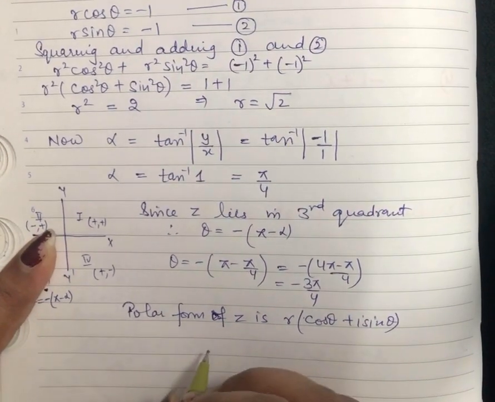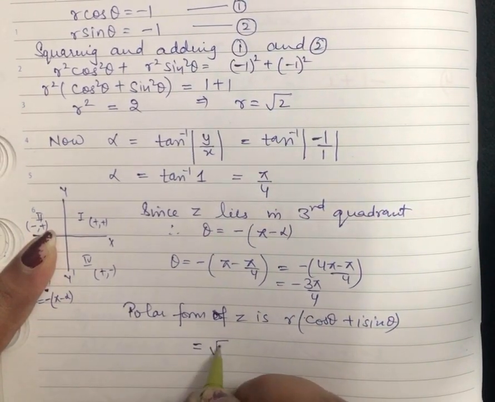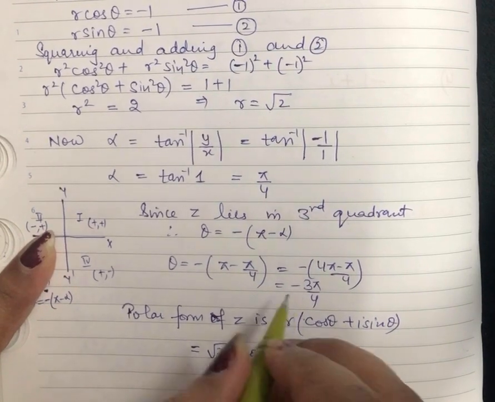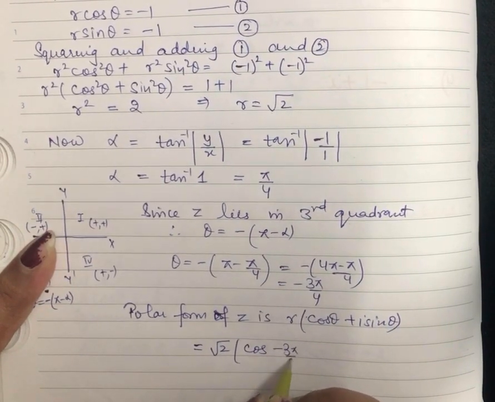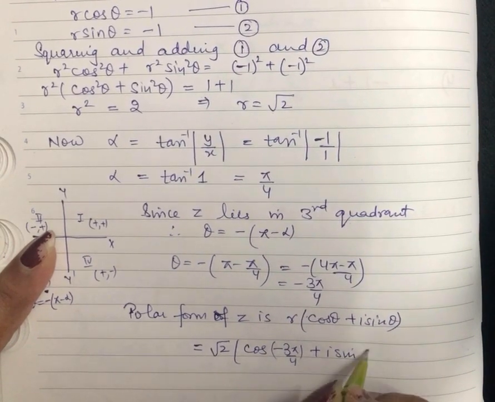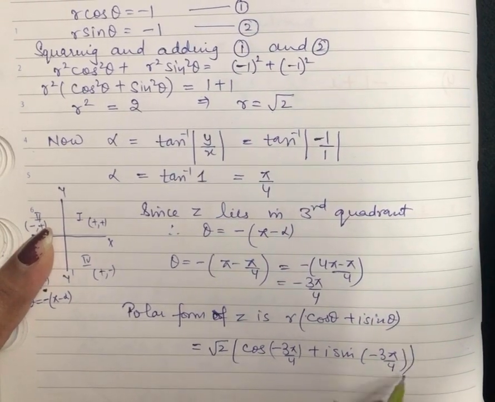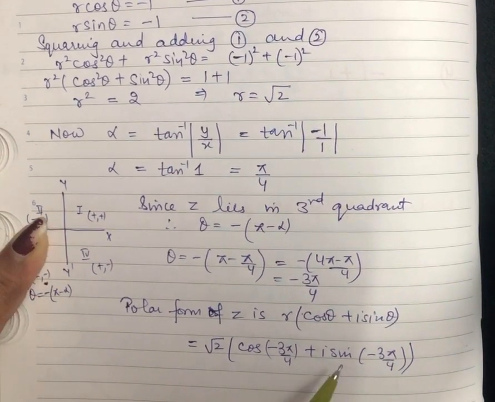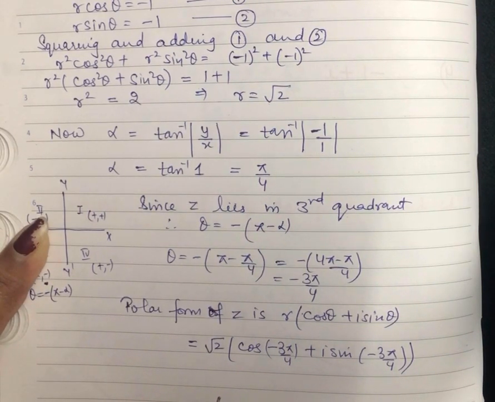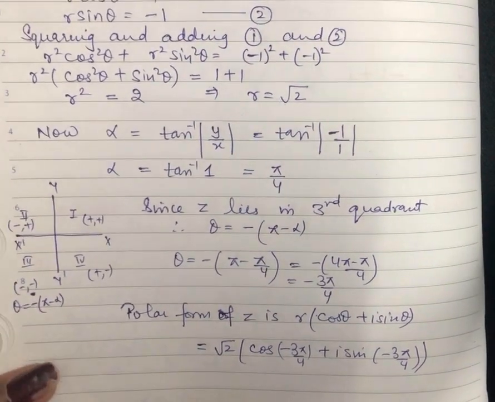So we put the values. r is under root 2, cos(-3 pi by 4) plus iota sin(-3 pi by 4). So this is the required polar form of the given complex number. This completes the fifth question. Now look at the sixth one.